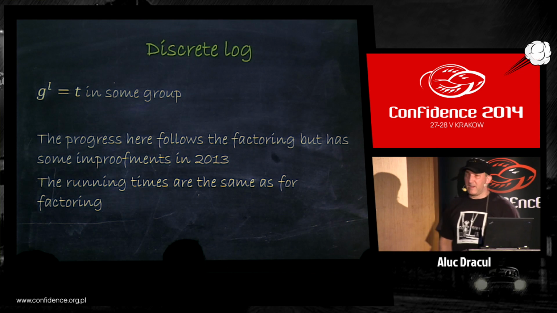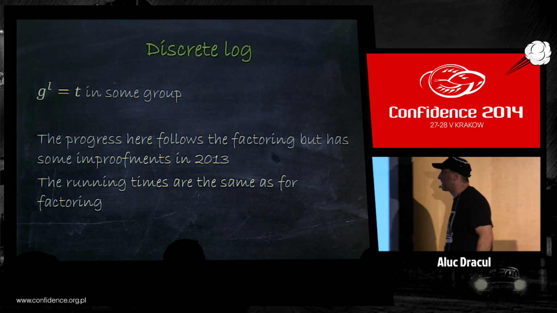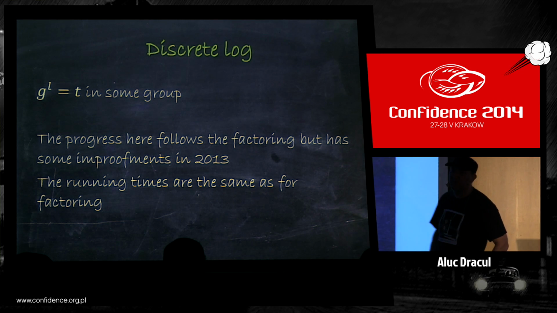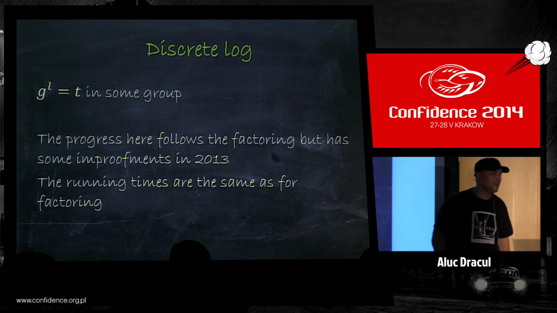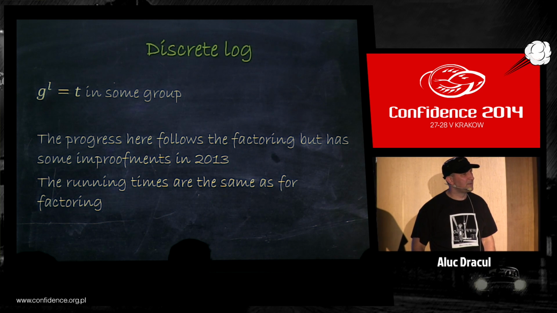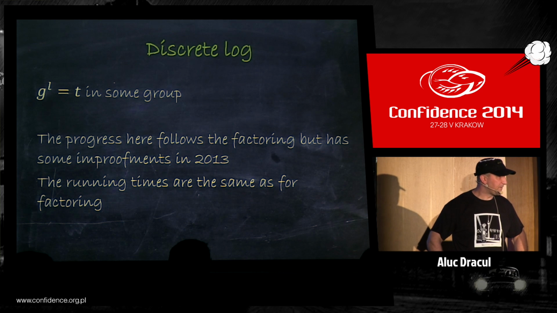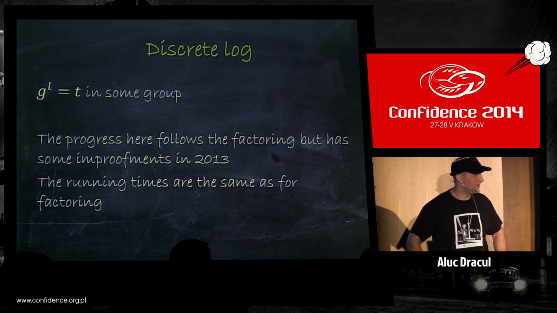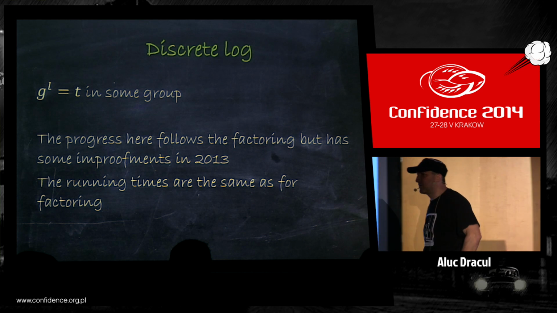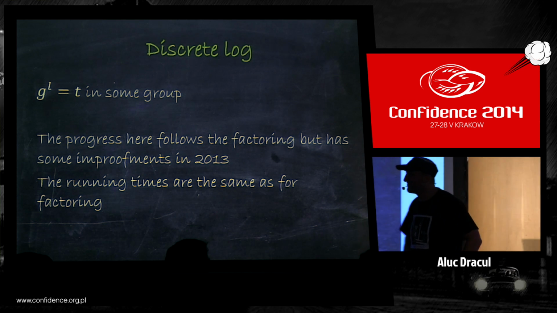So what do we have else? We have the discrete logarithm, and that's really interesting since there were many improvements in 2013 on this. I don't know the name of this guy from France. Somebody just told me.